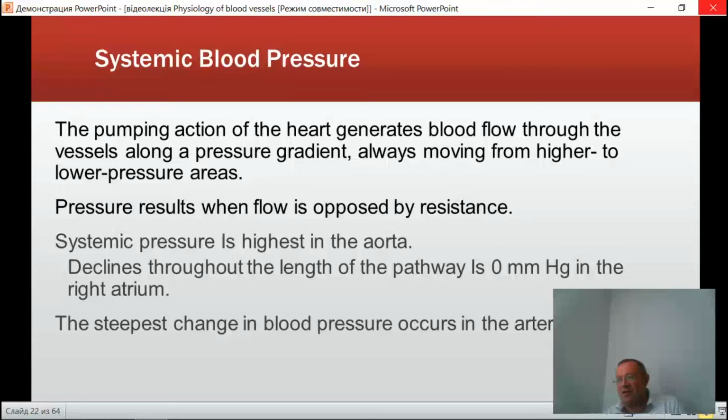Systemic pressure is highest in the aorta. It declines throughout the length of the pathway to 0 mm of mercury in the right atrium. The steepest change in blood pressure occurs in the arterioles.